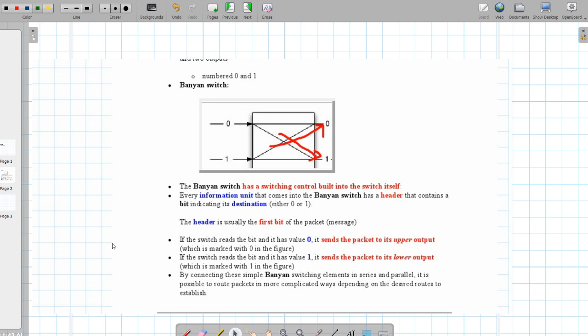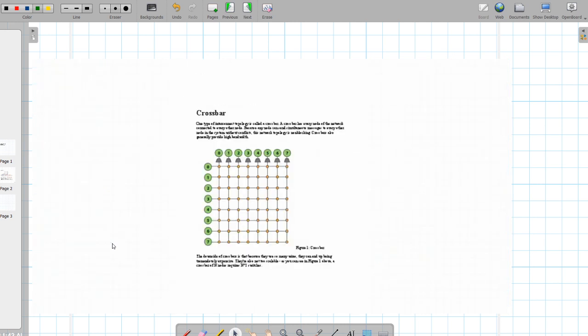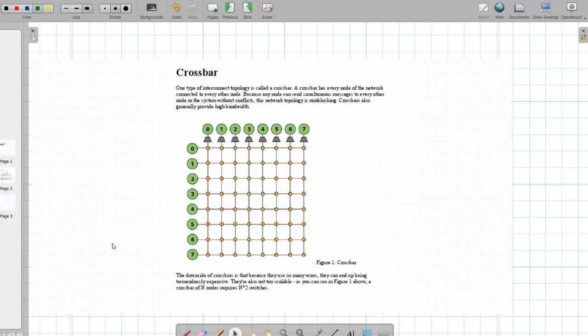Now today we will look into crossbar network at first. This is the basic diagram of a crossbar network. The numbers encircled in green circles are basically your processors.